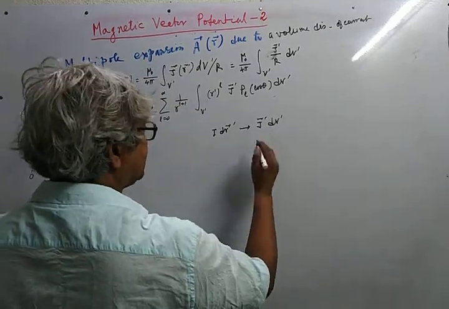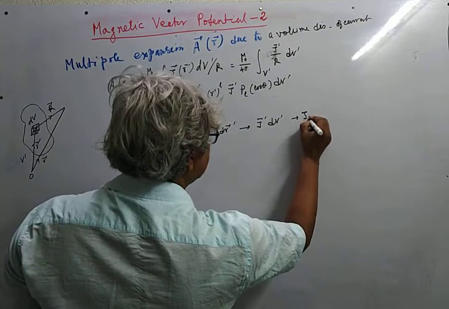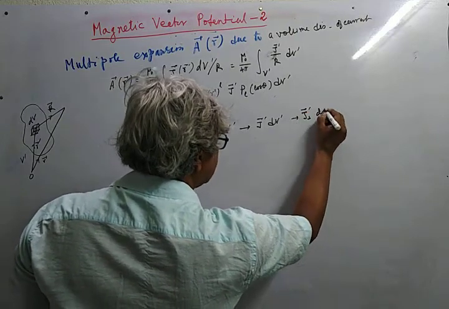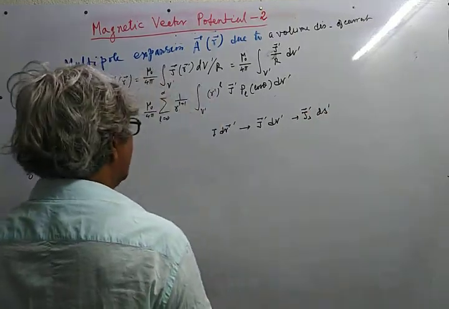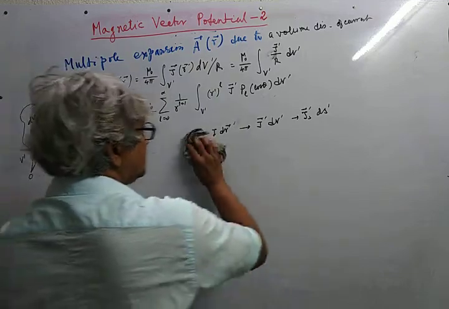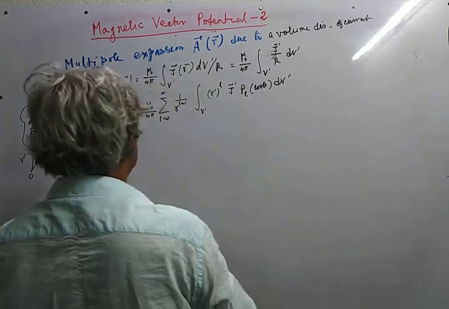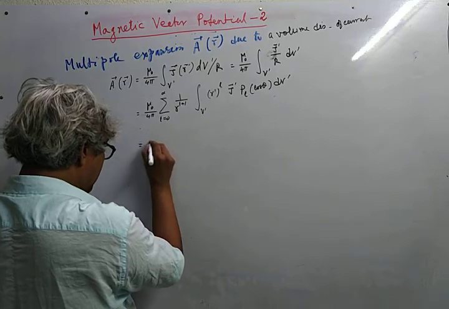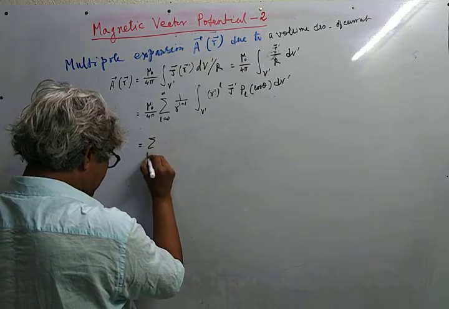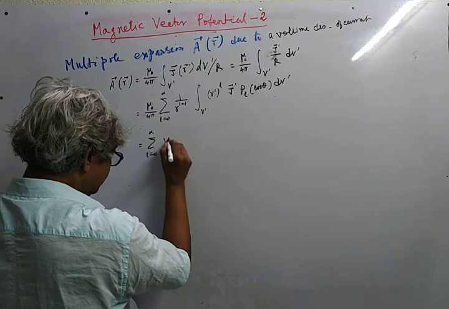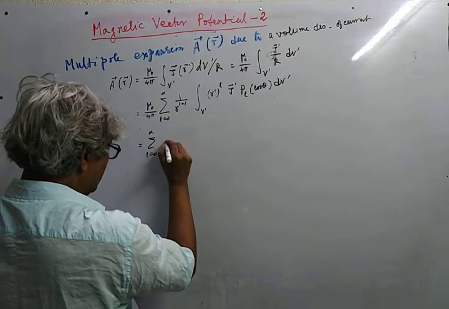For surface distribution, it would be js prime ds prime. So this is the vector multipole expansion.